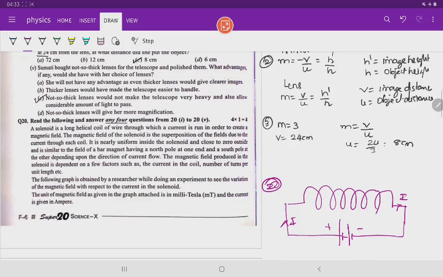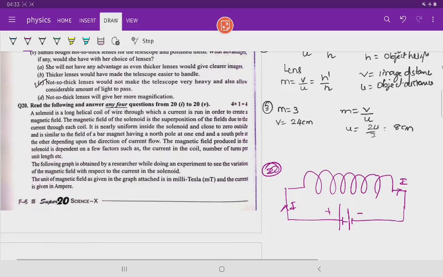The magnetic field around the solenoid is the superposition of the field due to the current through each coil. Obviously we have studied this solenoid. A solenoid is a long cylindrical insulated copper wire wound in a helical shape, and here the magnetic field will be the same as that of a bar magnet.